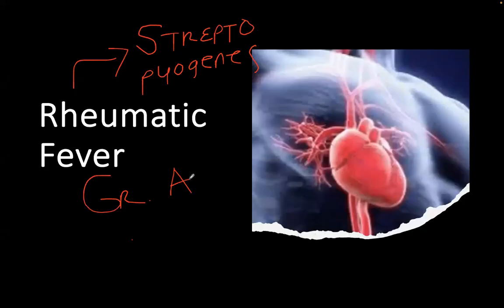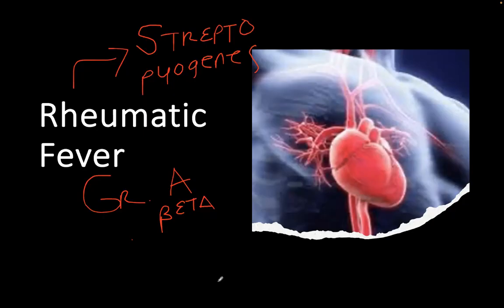And what is the hemolysis pattern of Streptococcus pyogenes? Is it alpha hemolysis or is it beta hemolysis? So this is beta hemolysis. And don't forget, is beta hemolysis complete or incomplete hemolysis? What is alpha hemolysis?